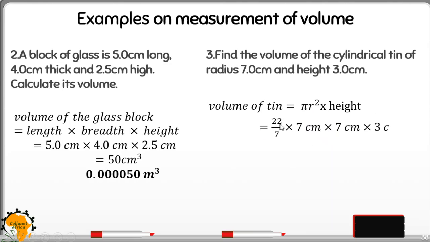So you start by writing 22/7, that is your pi. The radius is given as 7, then multiplied by 7, and then we have 3.0 centimeter. This will cancel out, so when you multiply 22 by 7 by 3, you get 462.0 cubic centimeter. You convert that again into cubic meter.